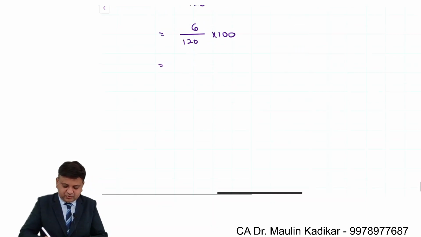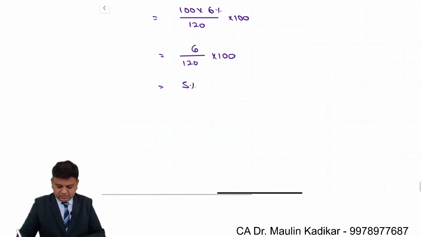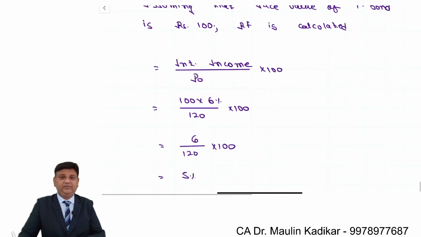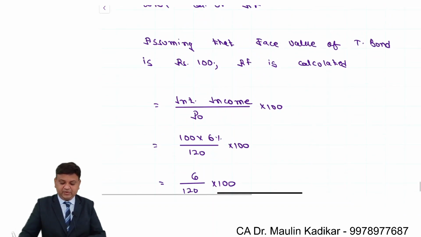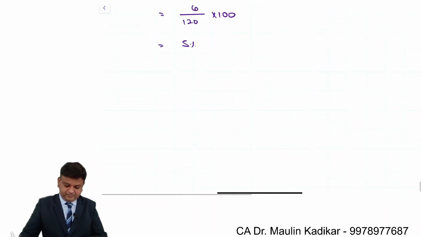So the answer comes to 5%. This is the way, first of all, we can compute the risk-free rate of return, that is 5%.